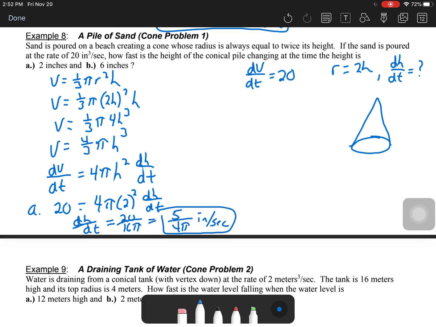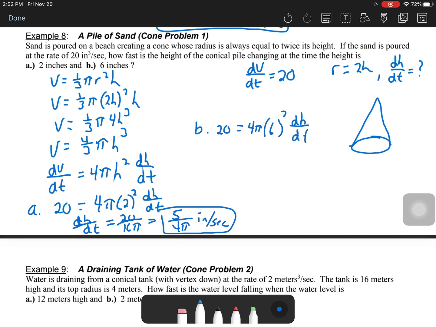Then for part B, we're just substituting 6 inches, so we still have 20 for dV/dt. We've got 4 pi times 6 squared times dh/dt. So for part B, I'm just plugging in 6 for h and solving for dh/dt.